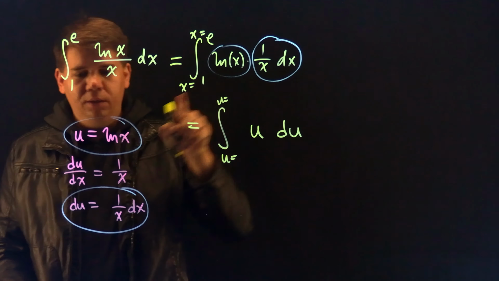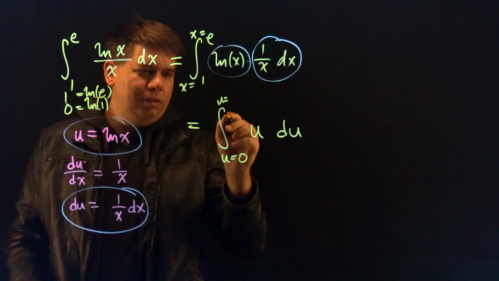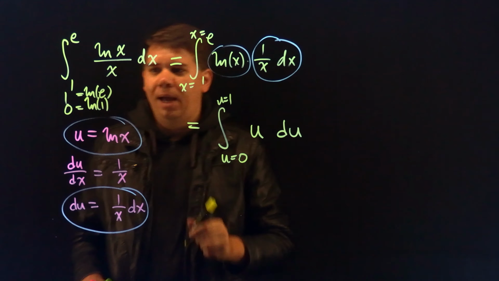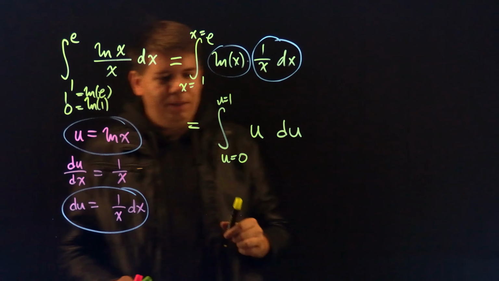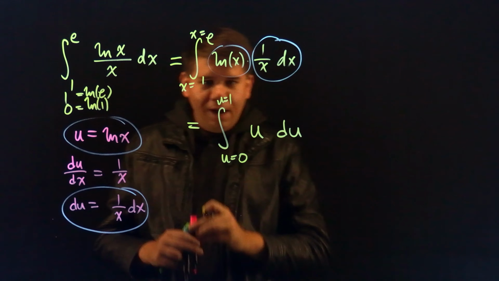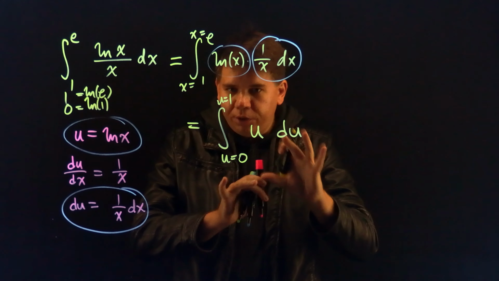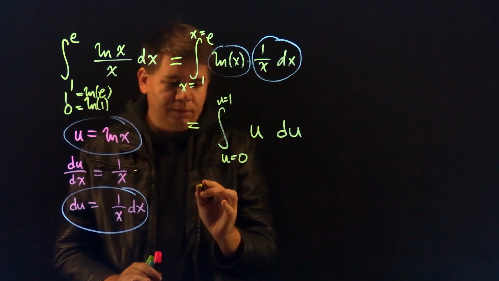Well, ln of 1 is: e to what power is 1? 0. So this bottom bound becomes 0. And ln of e: e to what power is e? Well, that's just 1. So my bounds 1 and e become the bounds 0 and 1. And now that I've changed it to u bounds, I can just solve this problem, keeping everything with u's. I don't have to go back to the language of x's.